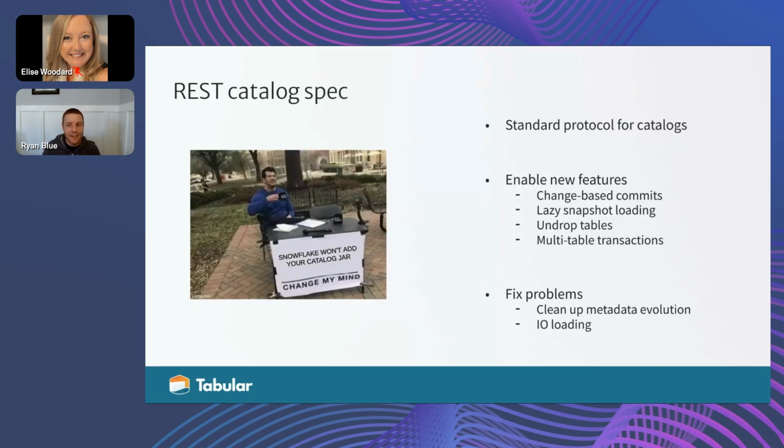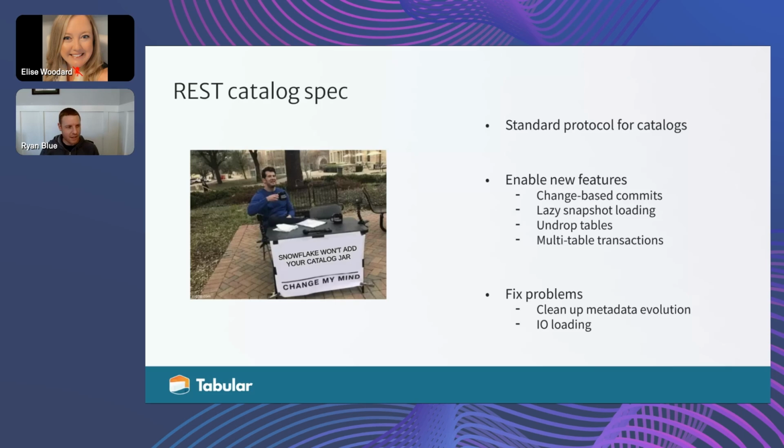All right. The next thing I want to cover is the REST catalog. This has been a huge development in the last year. It is basically a standard protocol for interacting with any catalog in Iceberg. There are a few motivations for introducing the REST catalog.